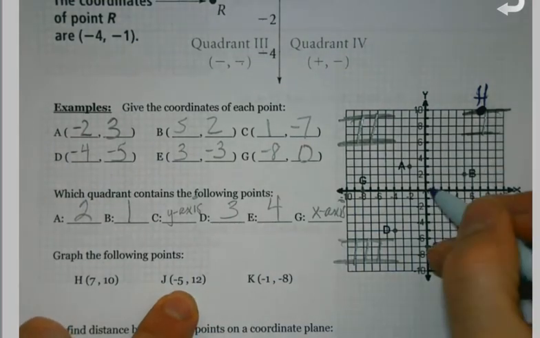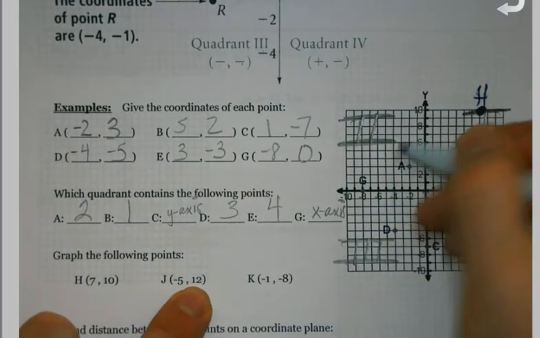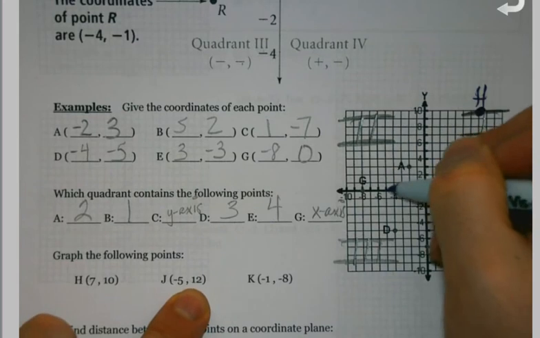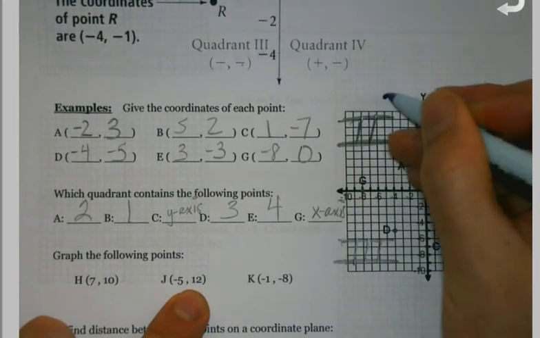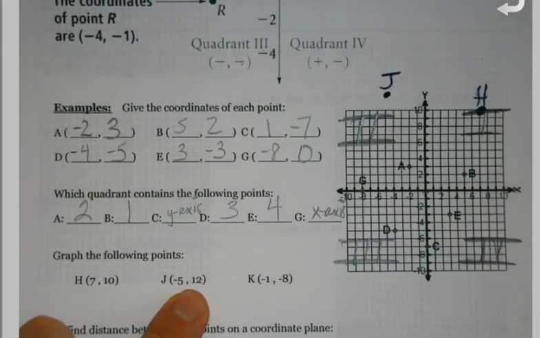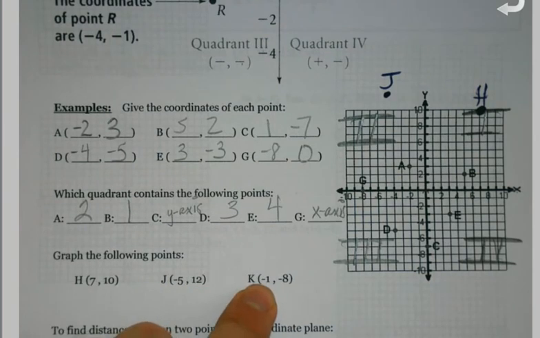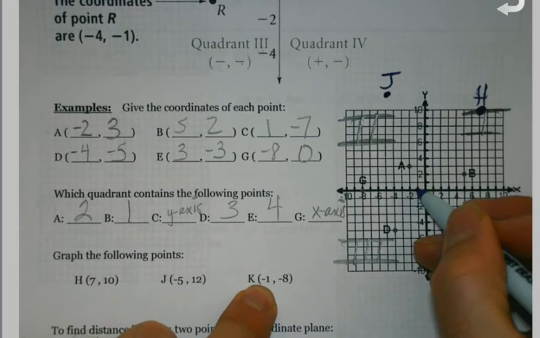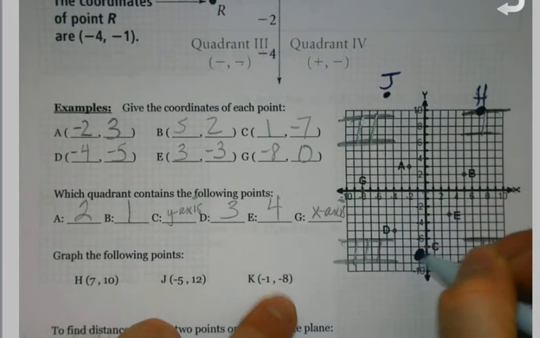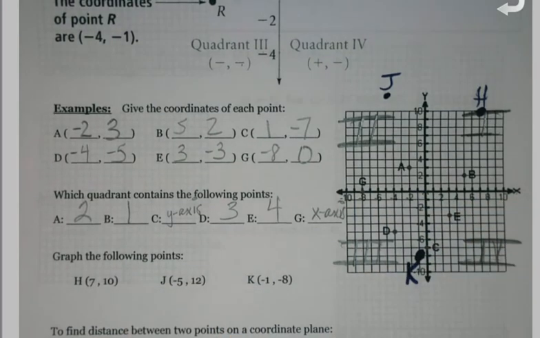Okay, so left 5, and then the second number is always my up or down. You're like, up 12, can't even go up 12. Well, we'll get creative here. And then correct. That first number is always my x. It's always a left or right. So left 1, and then down 8, and that would be my value. So just get my point situated with that.